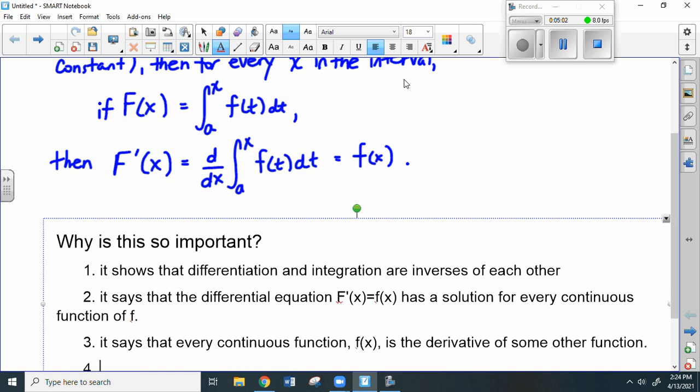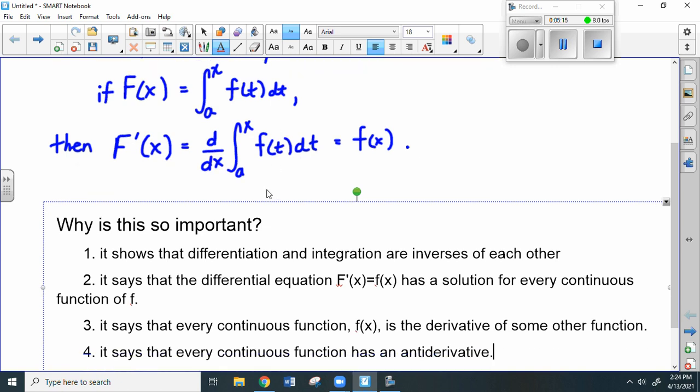And it also says that every continuous function has an antiderivative. It says all of those things, but the big one is that differentiation and integration are inverses of each other.